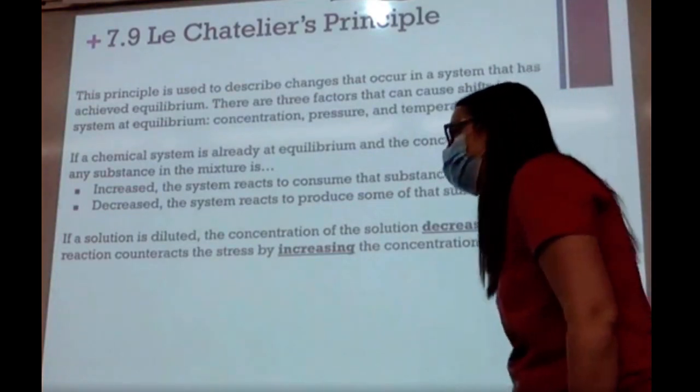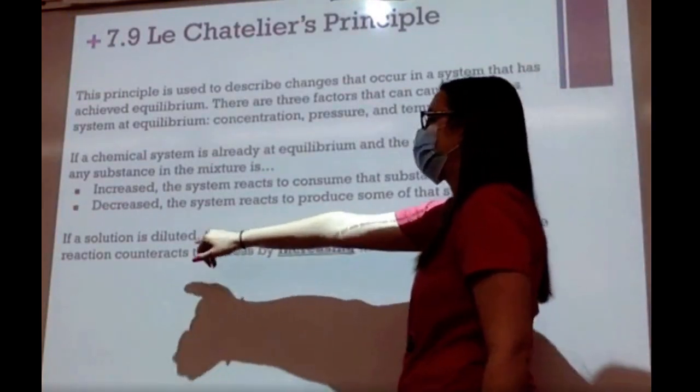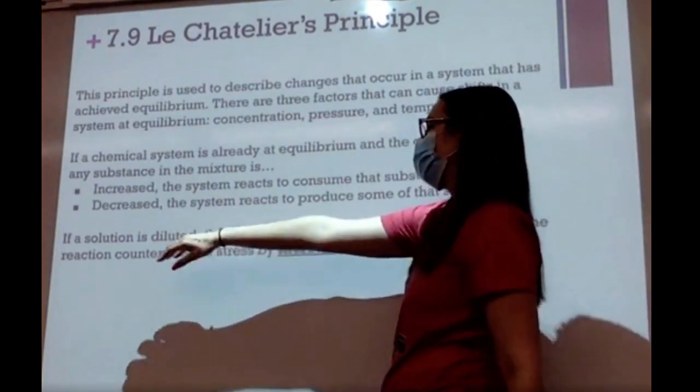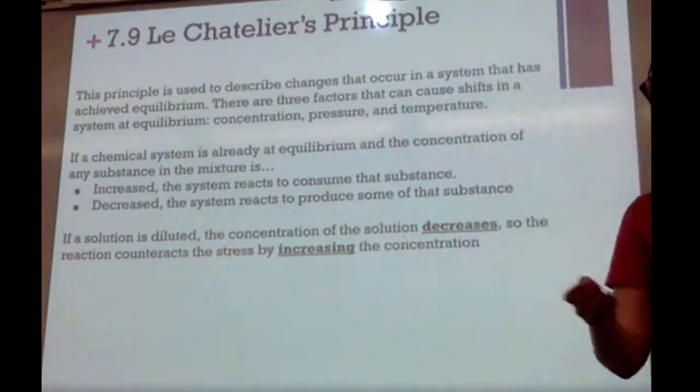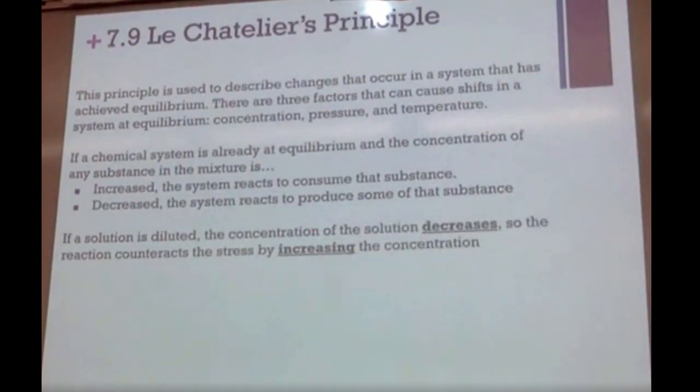If the concentration is decreased, now we don't have enough, so the system is going to react to produce what we just took away. A dilution means you lower the concentration. So if something is diluted, you are decreasing the concentration of that substance, and the reaction is going to shift to increase whatever was diluted.